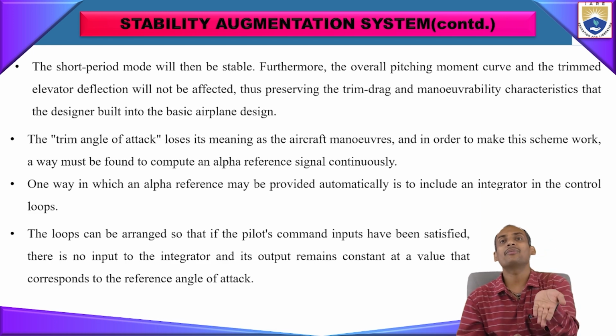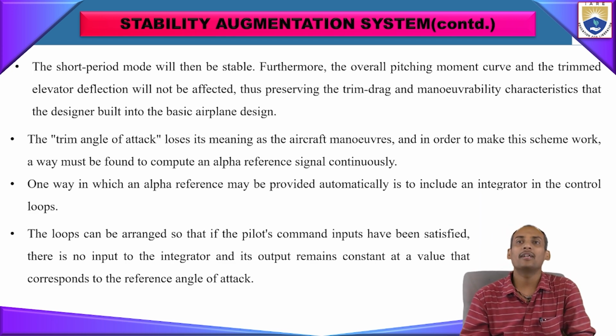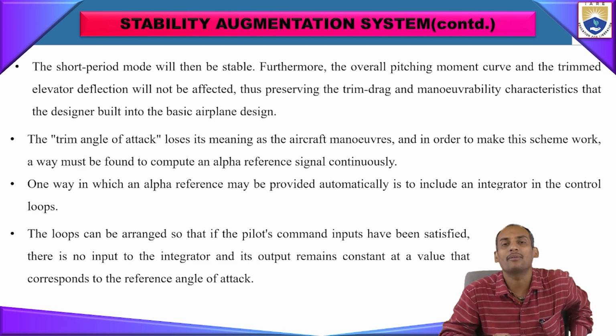So here we need the alpha sensor signal also to be computed continuously. One way the alpha reference may be provided automatically is to include an integrator in the control loops, so that if the pilot commands have been satisfied, there is no input to that integrator, and its output remains constant at a value that corresponds to the reference angle of attack only.